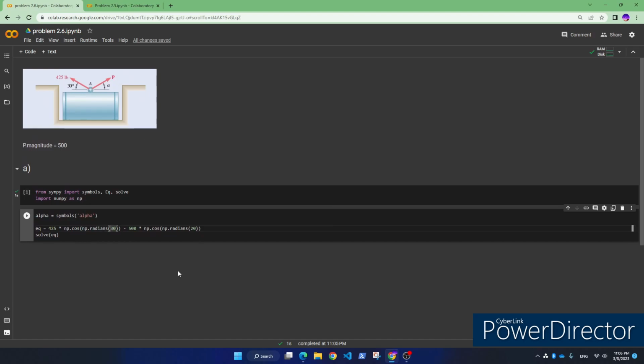Let's actually, yeah, so we know that they are in the opposite directions. And the 500, and we know alpha. That will be a little bit of a headache, but it's okay. And we will see why, because alpha doesn't go with a numpy radian.